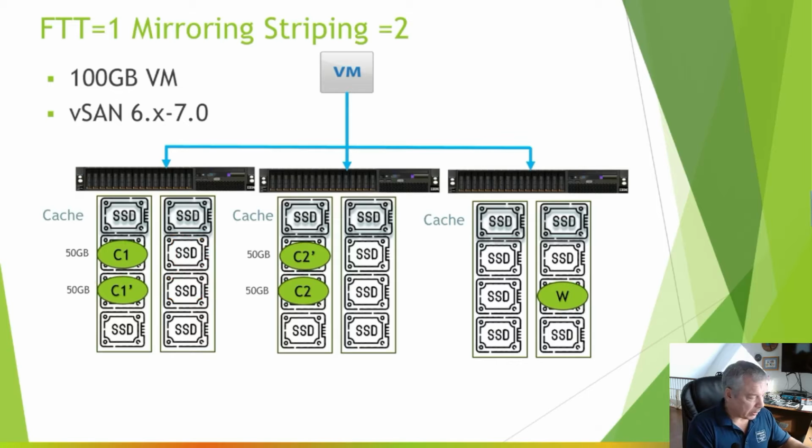Well, if this is a hybrid environment, these are all spindle disks. 70% of the reads go through the solid state cache up here, and 30% of the writes go here. So you're not really gaining any performance by splitting these across the same cache.